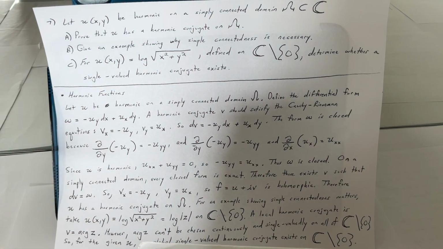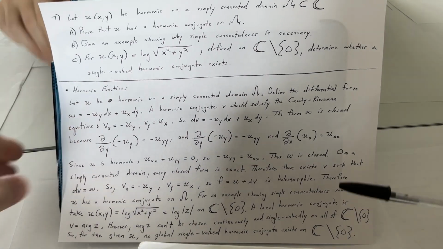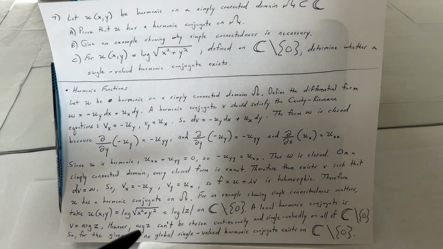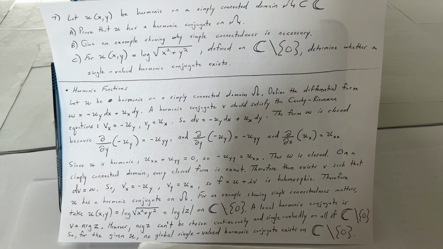And a local harmonic conjugate is v equals arg z. However, arg z can't be chosen continuously and single-valuedly on all of the complex plane with 0 removed. So for the given u, no global single-valued harmonic conjugate exists on the complex plane with 0 removed.